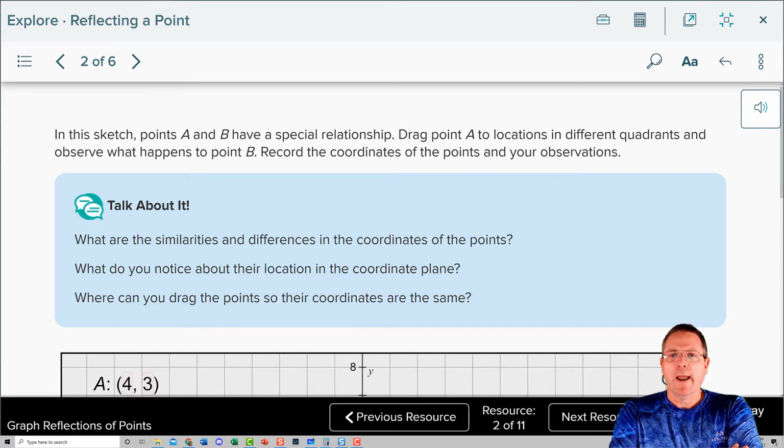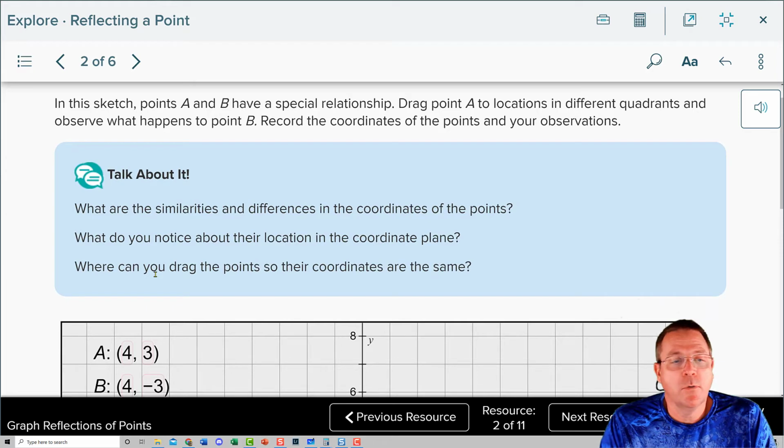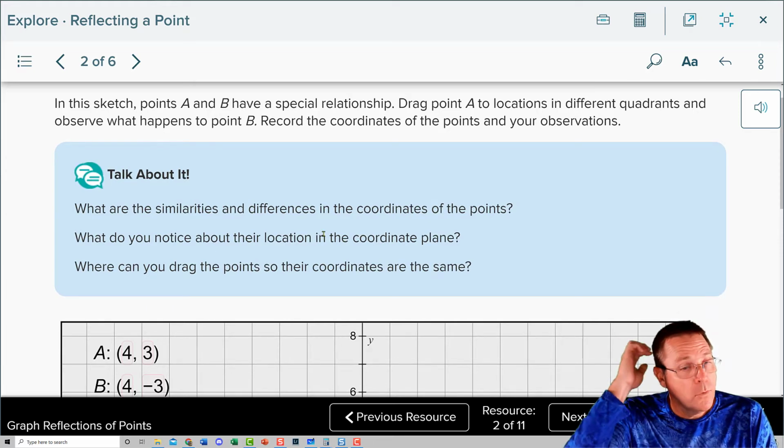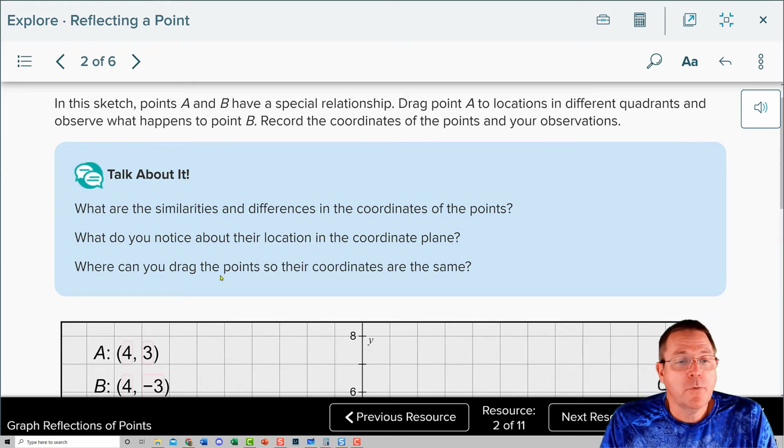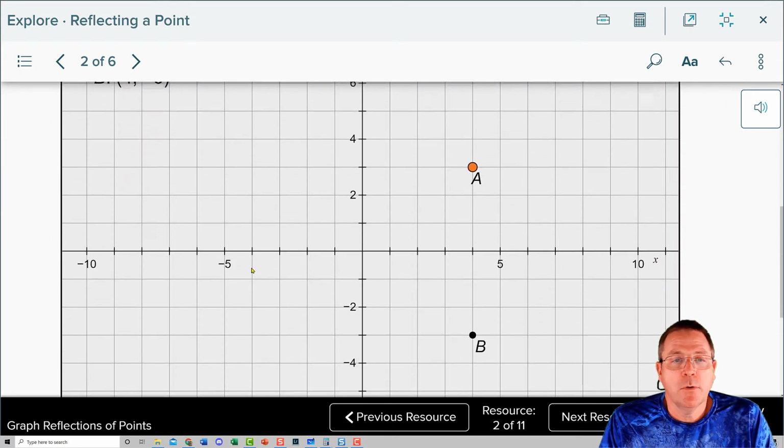We're going to drag point A to locations in different quadrants and observe what happens to point B. Record the coordinates of the points as your observations. What are the similarities and differences in the coordinates of the points? What do you notice about their location on the coordinate plane? Where can you drag the points so that the coordinates are going to be the same? So let's take a look.